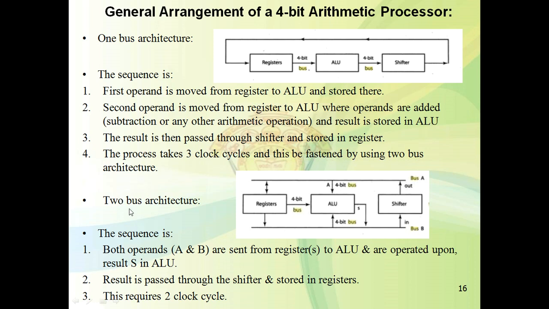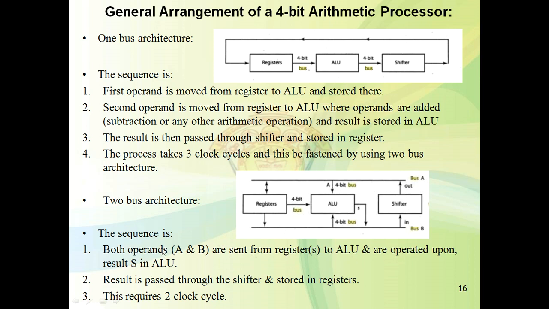Next, the 2 bus architecture. This 2 bus architecture has register, ALU, shifter, the same, but it requires 2 buses. So this is a 2 bus architecture. In the 2 bus architecture, both operands A and B are sent into the ALU within 1 clock cycle, and then the arithmetic operation will be done.